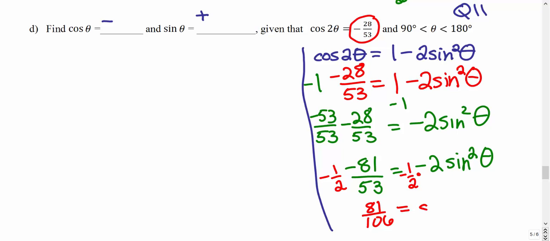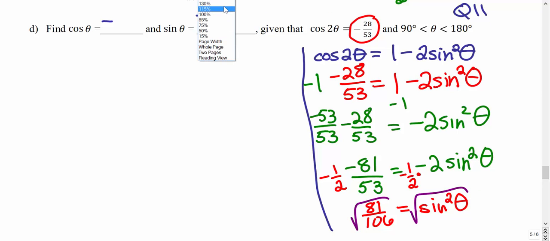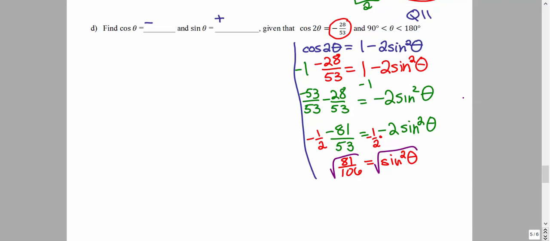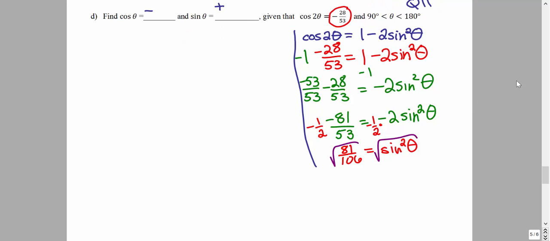And then over here we have sine squared theta. So we still need to take the square root of both sides. Square root of 81 is 9. The square root of 106 is just square root of 106.